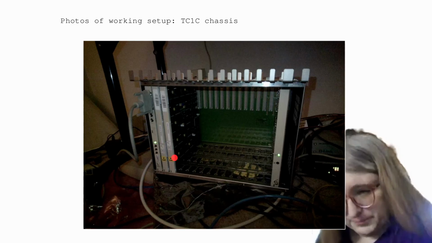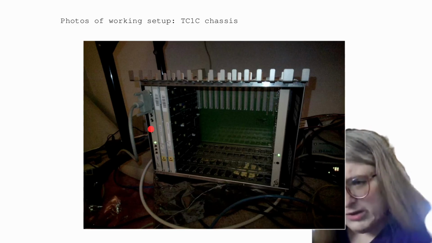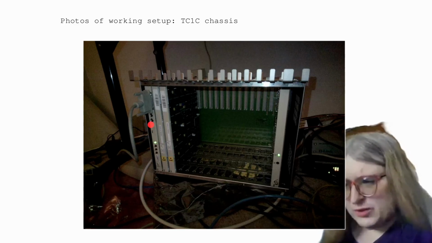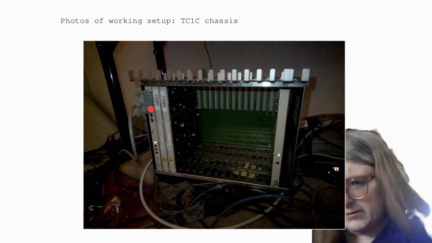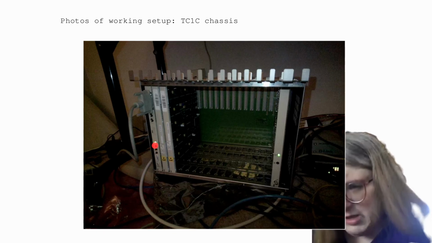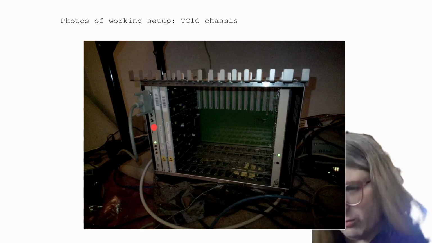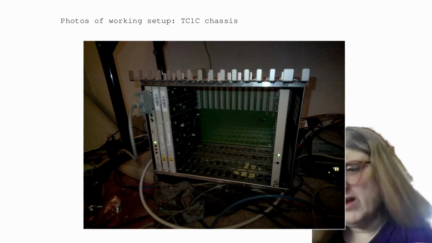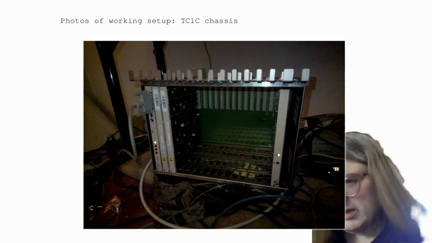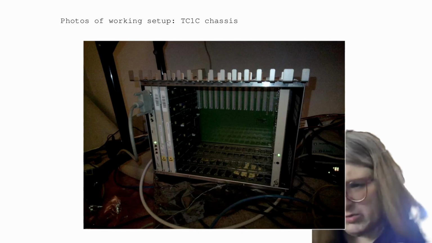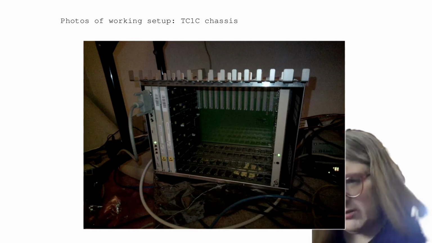Another thing that's interesting is when I first powered this thing up and got into the management interface, I was able to see the saved config in the Flash from the last time this card was in operation, and it was in an ANSI T1 environment. It was not an E1 environment. I couldn't tell from the saved configuration what kind of exchange terminal they used, which version, but it was a T1 configuration, and it was also a maximally loaded configuration.